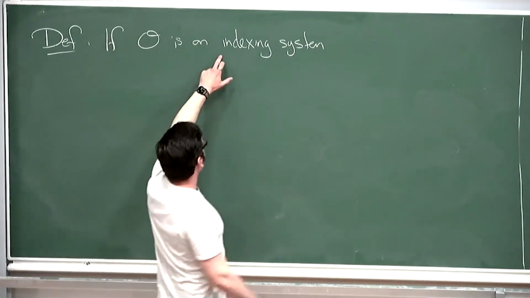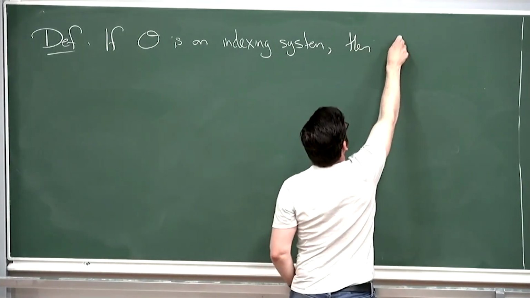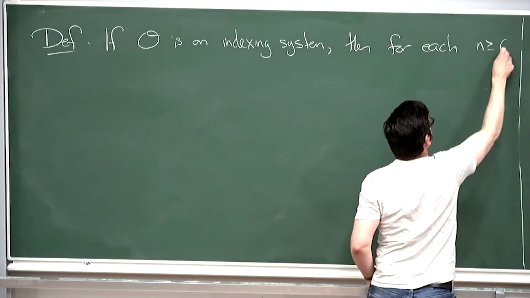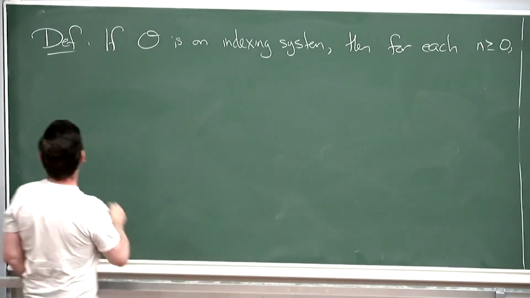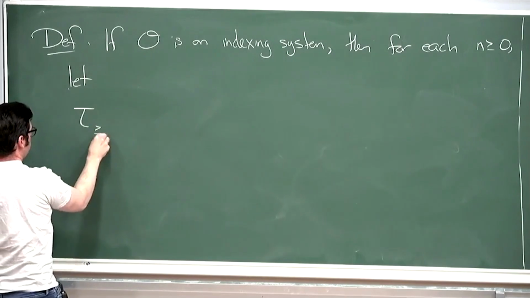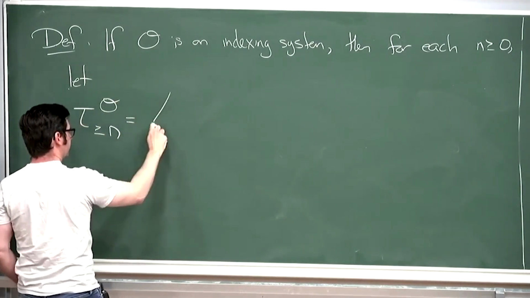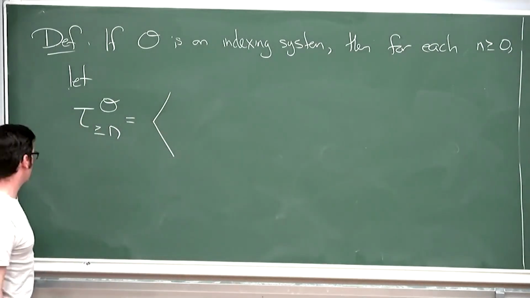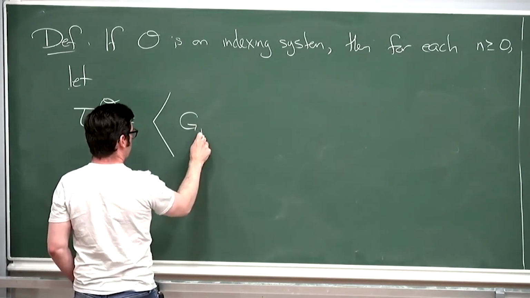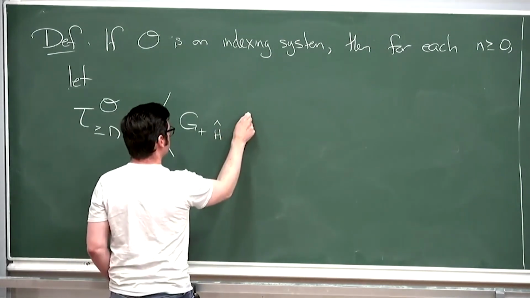If it's an indexing system, then for each n at least 0, let tau greater than or equal to n of O be, and I'll write the symbols first, the localizing subcategory generated by G plus smash over H with a representation sphere.